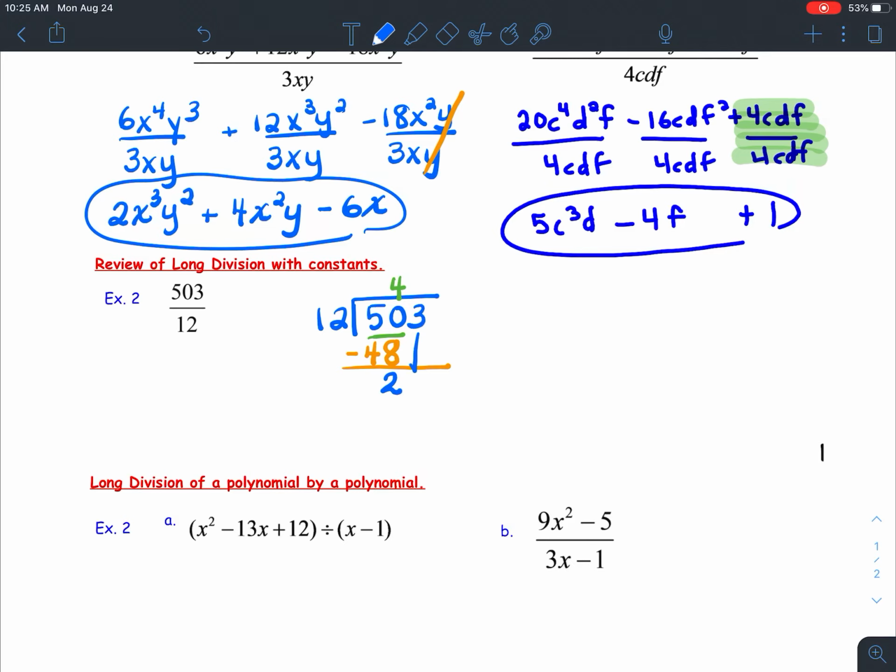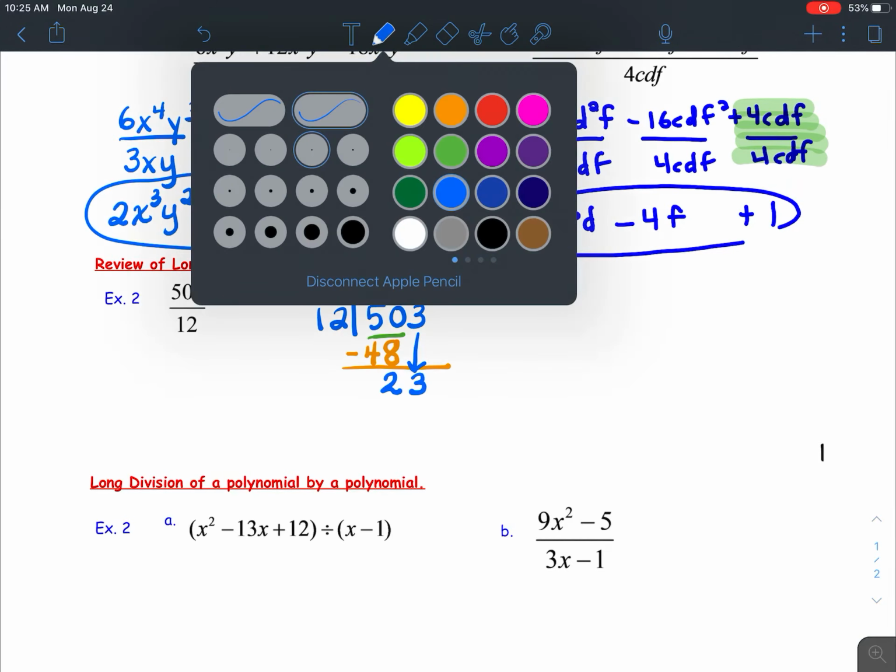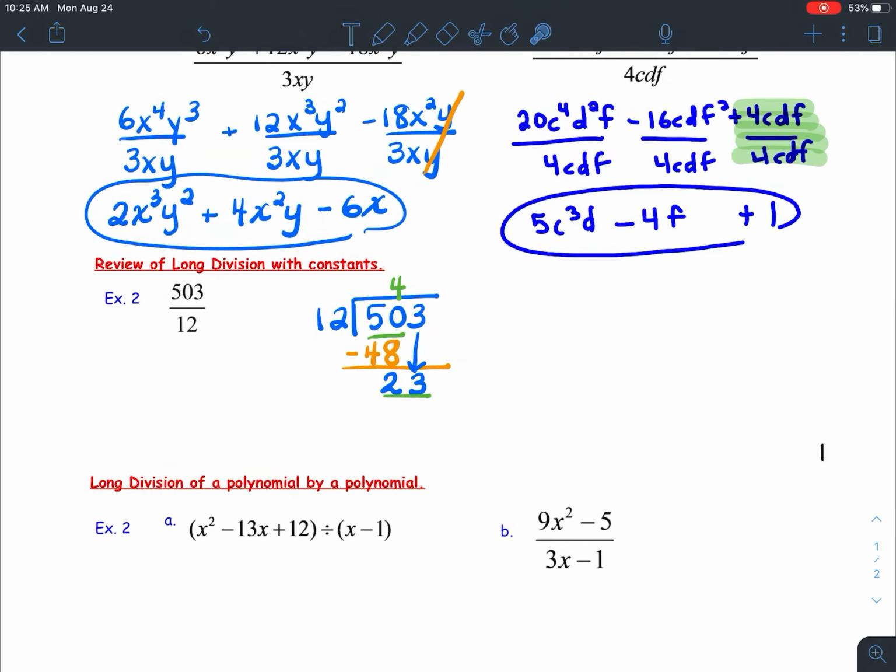Okay? Well, 12 does not fit into 2, and so then the next step is we drop down the next digit to go along with the 2, and so now we're looking at 23, and we're asking ourselves the same question: how many times would 12 fit into 23 without going over? Okay, and the answer is it would only go in there once.